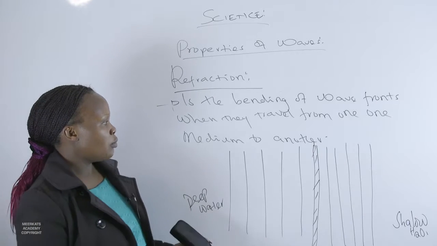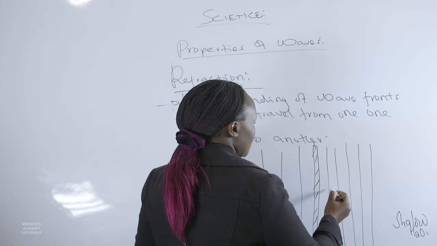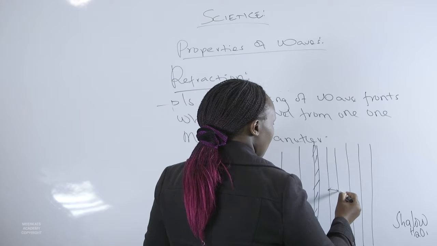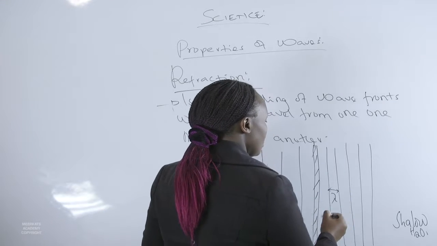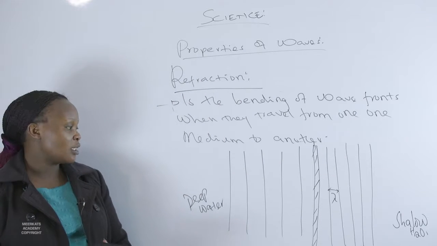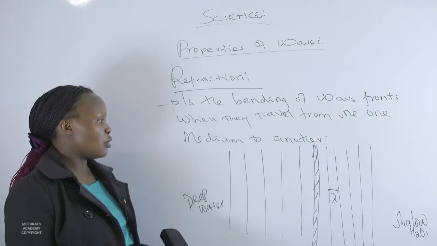That way, we expect that the spacing, which represents our wavelength, is also going to be compromised.